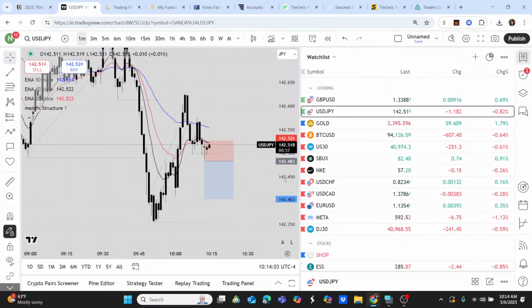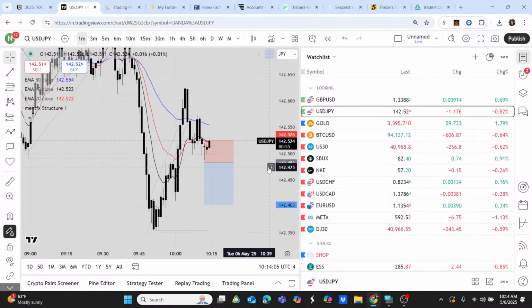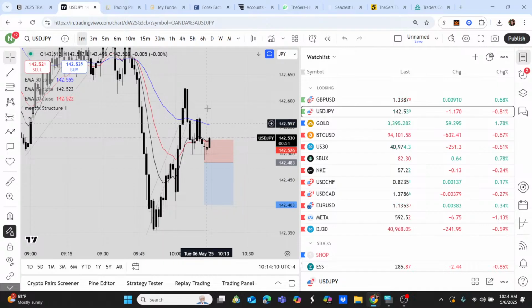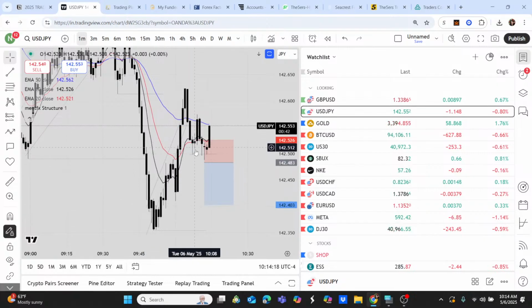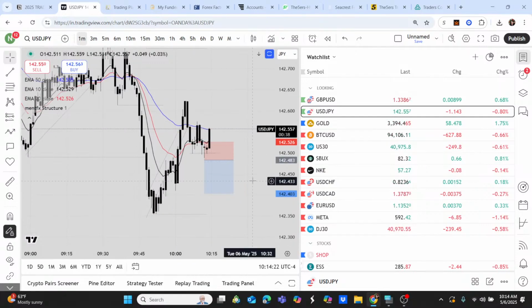So I'm just waiting. Is price gonna re-break through? Yeah, if price ends up re-breaking through, I'm gonna use this low right here instead.